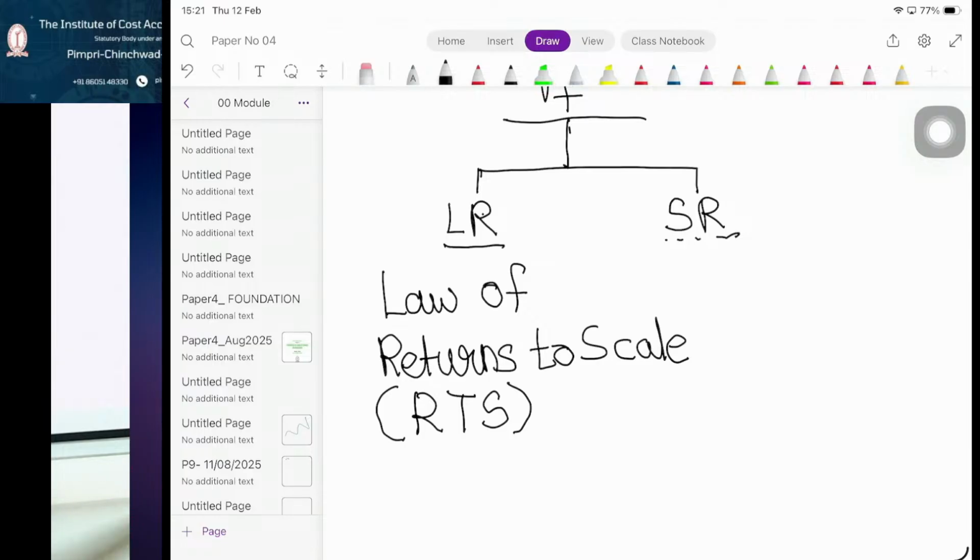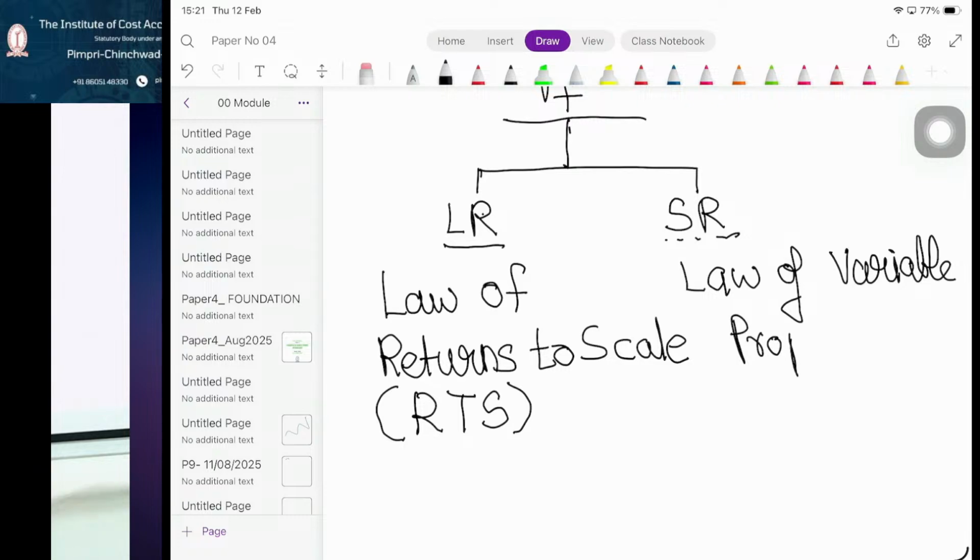And the short run law is called the law of variable proportions, and this is also sometimes called the law of diminishing marginal product.